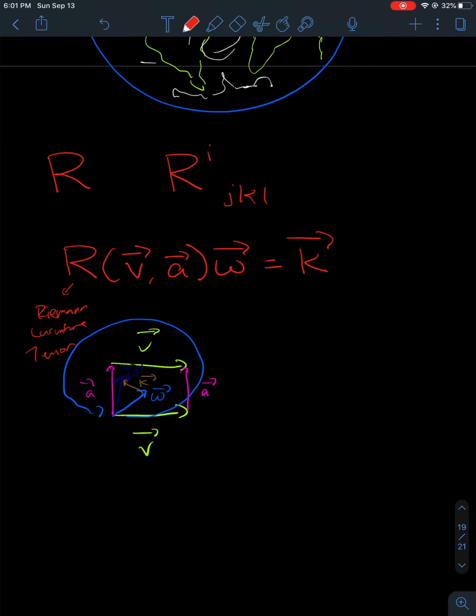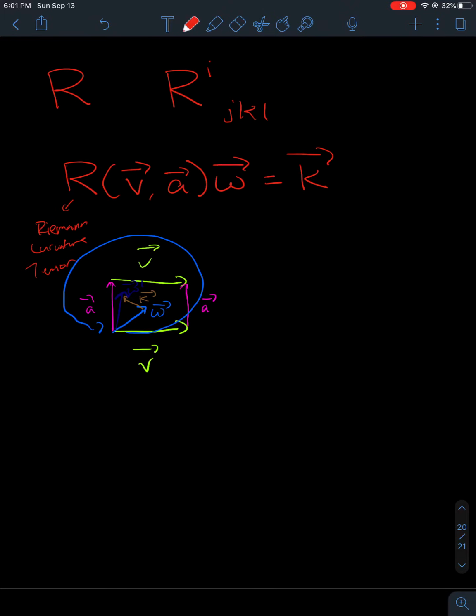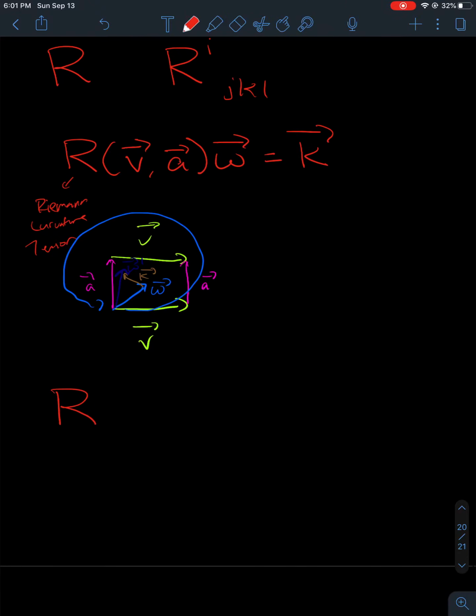Now the Ricci tensor, which is also represented with an R, is the contracted form of the Riemann curvature tensor.